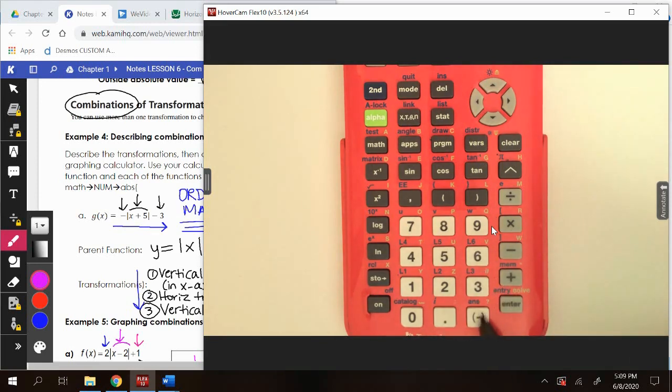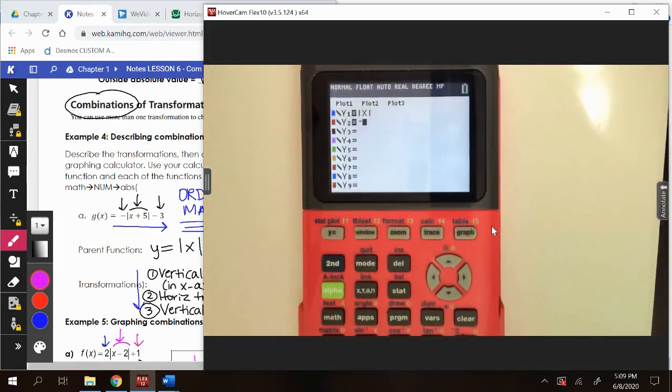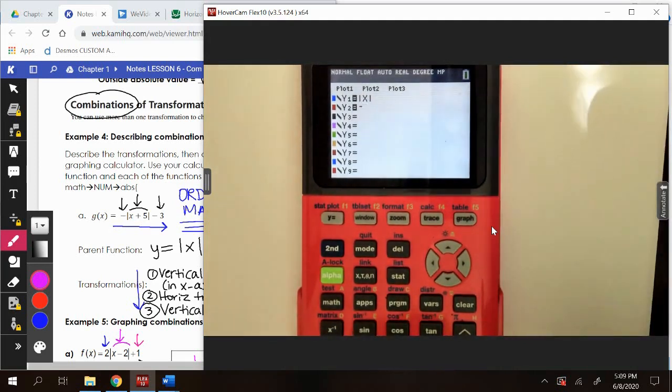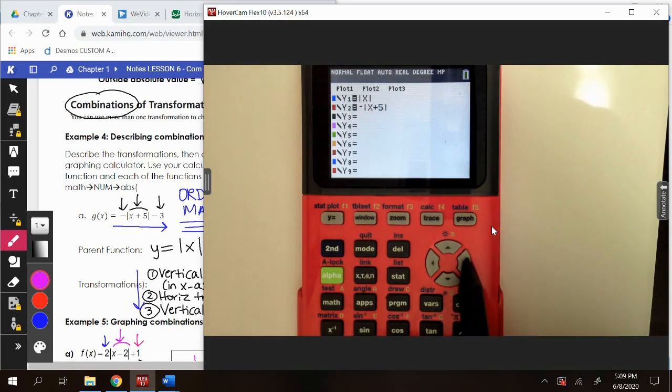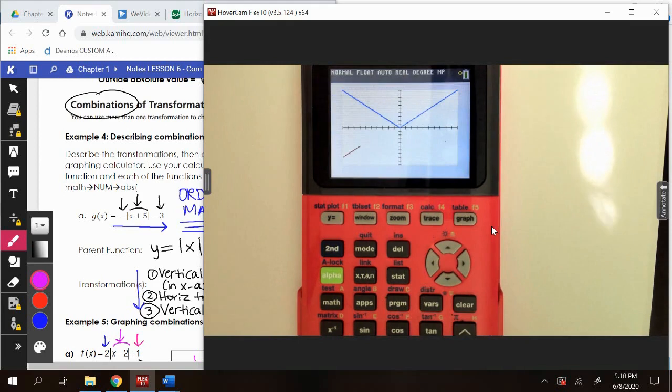We're going to use this little negative sign in front of our absolute value. Make sure you use the right one or you'll get an error message. Okay, so we have -1. Then we have to do absolute value. So I'm going to go math, number, absolute value of x plus 5. Use your variable button. Arrow over to the right to get out. If you have an older calculator, at this point you'll have to close the parentheses. Otherwise it won't graph correctly. Okay, and then -3. Graph.